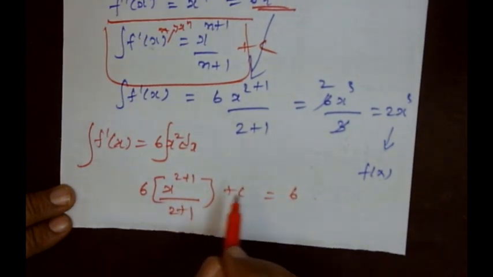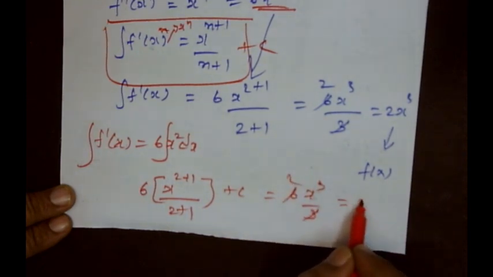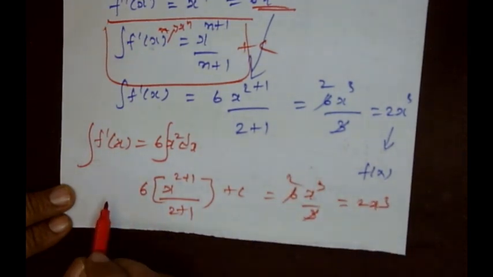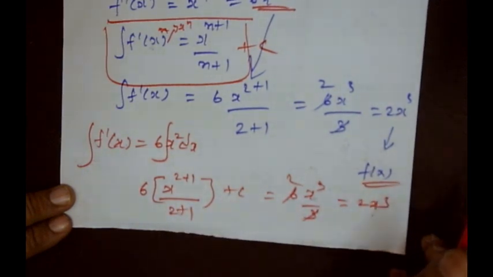So 6 into x cube divided by 3 means 2x cube. Okay, so this is the way we work out, and that is the original f of x function.